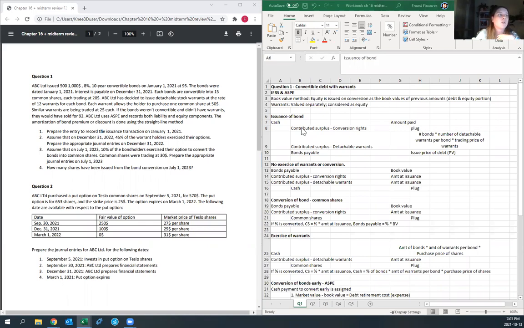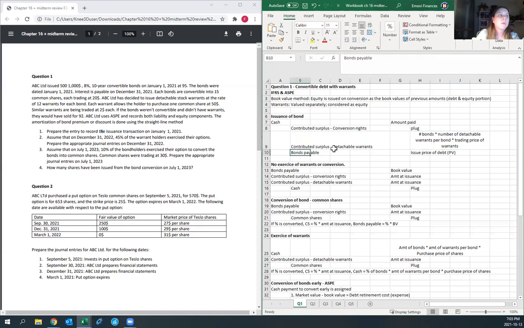You're going to have your contributed surplus conversion rights, which is going to be a plug amount that you can find at the end. If it's mentioned in the question that there are detachable warrants, you're going to put them in the contributed surplus detachable warrants account. And to calculate them, it's the number of bonds times the number of detachable warrants per bond times the trading price of the warrants at issue date.